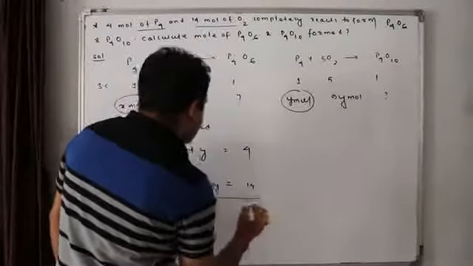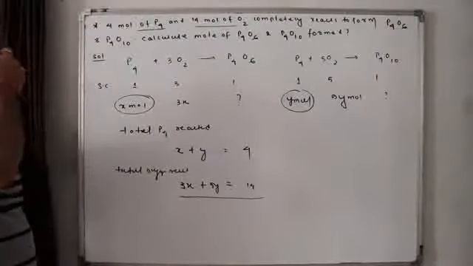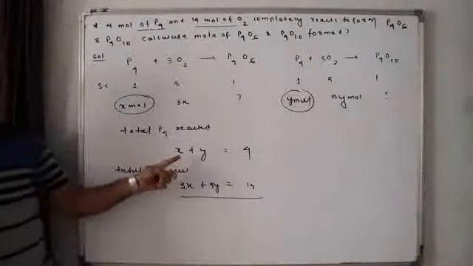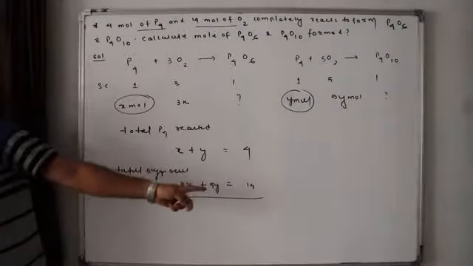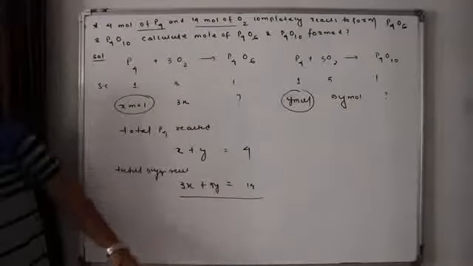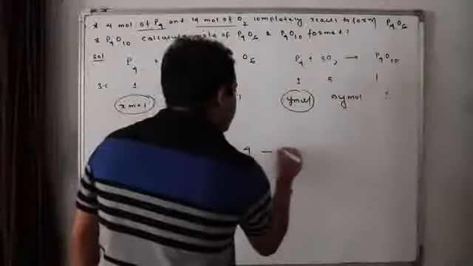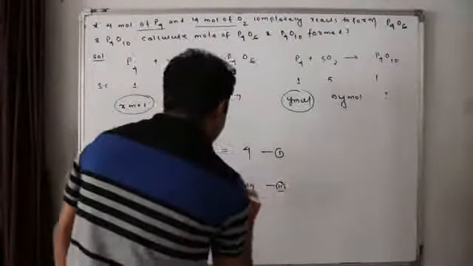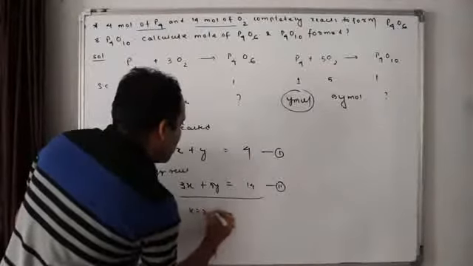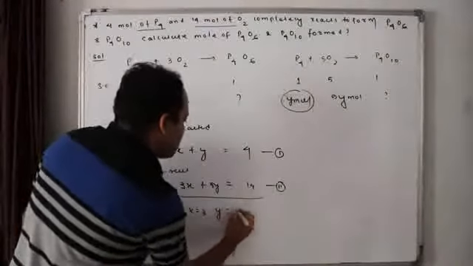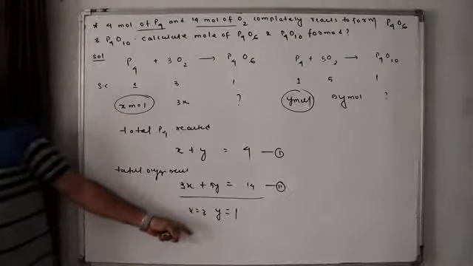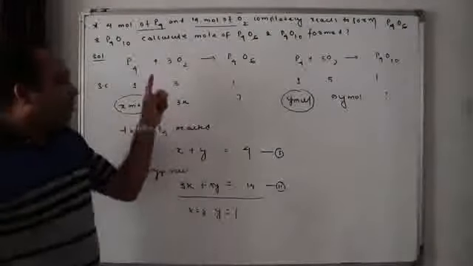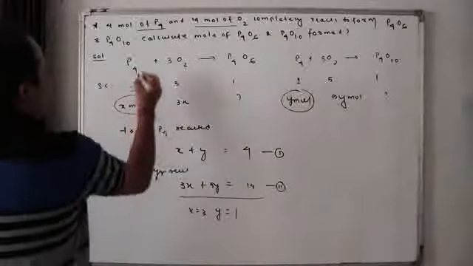Now can you solve this? If you solve, x plus y is equal to 4 and 3x plus 5y is equal to 14. Equation 1 and equation 2, you will get x is equal to 3 and y is equal to 1. Check it out. So if you know this inorganic part, you can solve this by balancing.